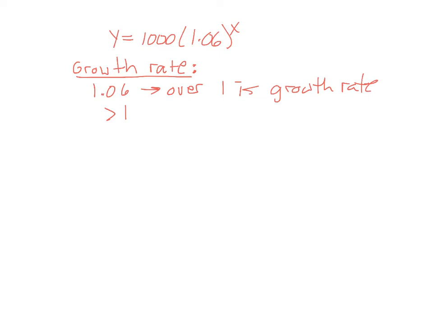So I take my common ratio, 1.06, subtract 1 from it, and we'll call the growth rate r. I end up with 0.06. As a decimal it's 0.06, but if I multiply that by 100, I end up with 6%. That's the growth rate for this particular model.